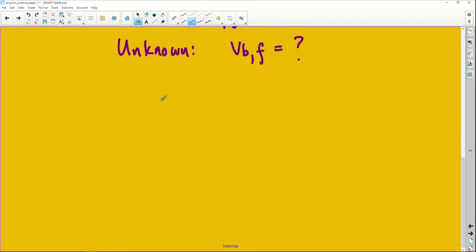Now remember, we said that the principle of the conservation of linear momentum tells us that the change in momentum is equal to 0, and as previously we said that Pf minus Pi is equal to 0, so I've just expanded that into the difference between the final and the initial amount of linear momentum.